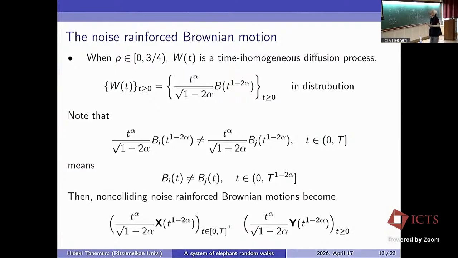Then non-colliding of this process, reinforced Brownian motion, is exactly the same event as the non-colliding of the Brownian motion of this. And the non-colliding noise reinforced Brownian motion becomes like that. Just by using the Brownian motion case, with time and space scaling, we can get the non-colliding process.